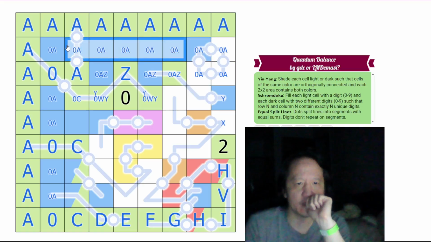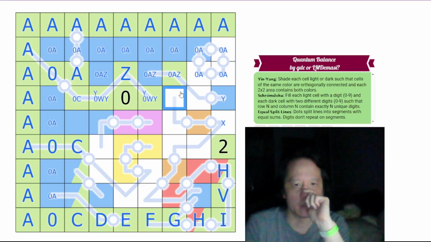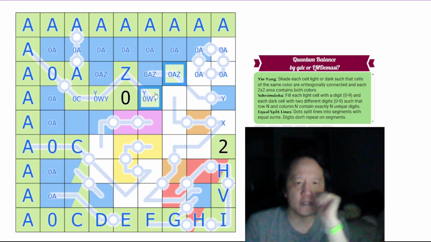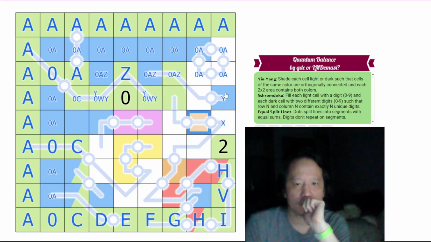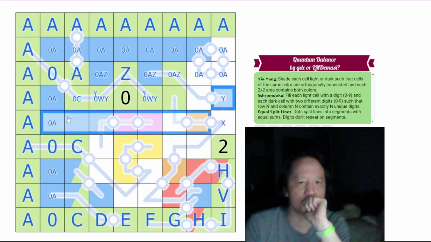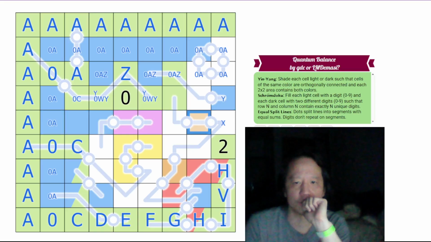This is 0A, 0A, 0A, 0A. These are diagonally green, so this can't be diagonally blue here, so this must be green. Blue has to go somewhere to connect, and it has to go through here. So this is blue also.